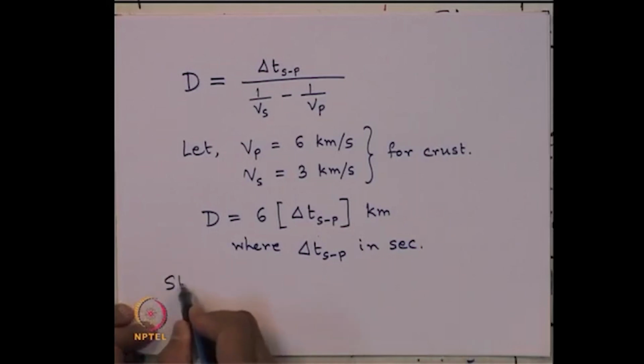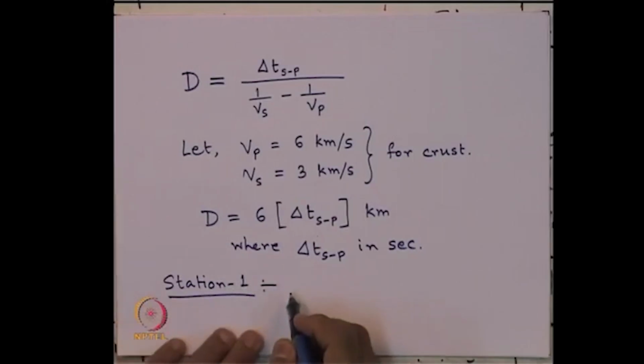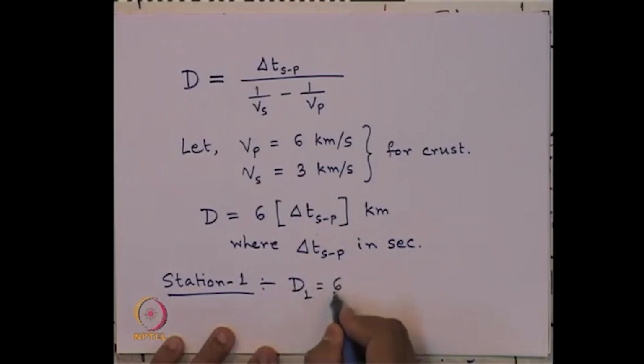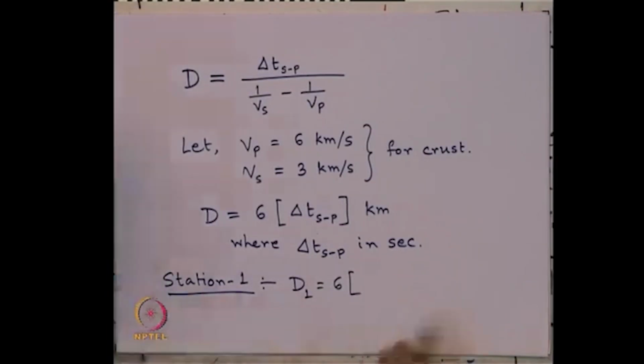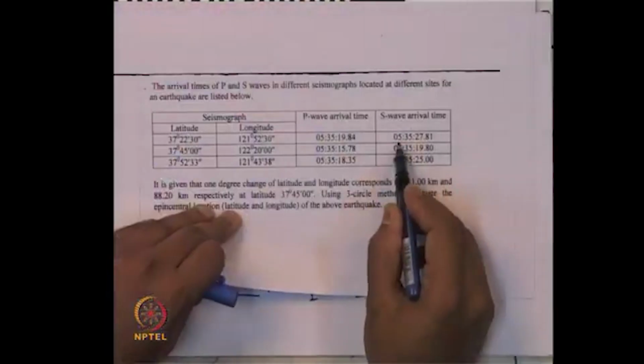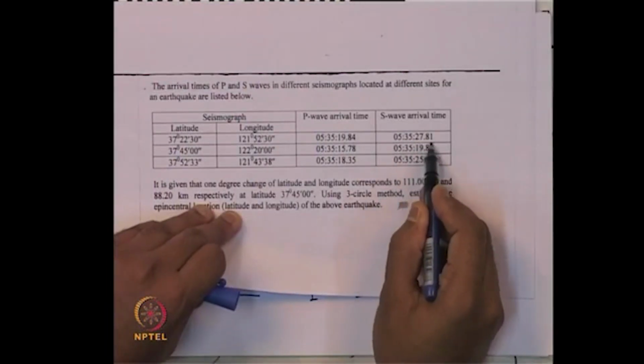So, for seismograph station number 1, what is the value of this delta T s minus p? Let us calculate the D, say D1. D1 will be 6 times this time difference. Let us look at over here. The arrival time is 5 hour 35 minute 27.81 second.